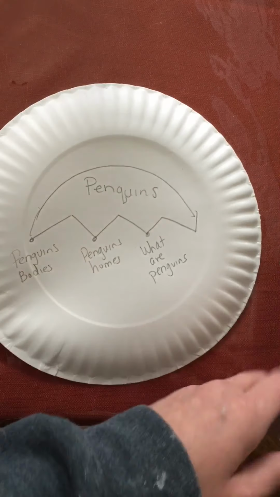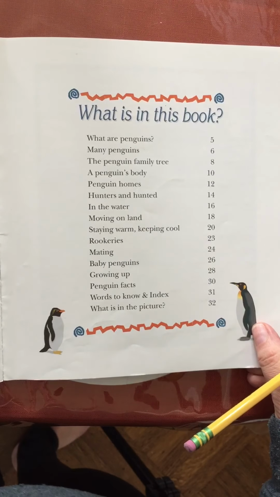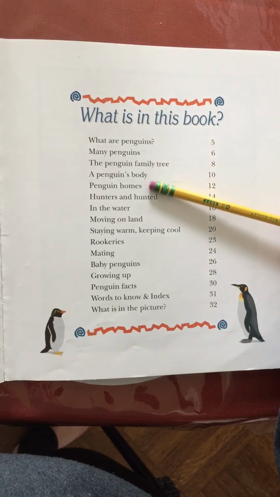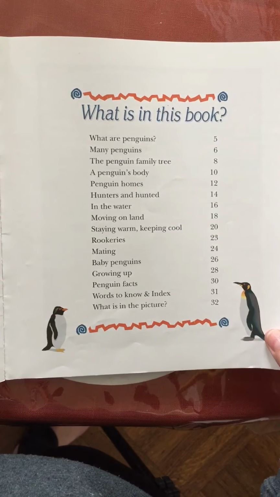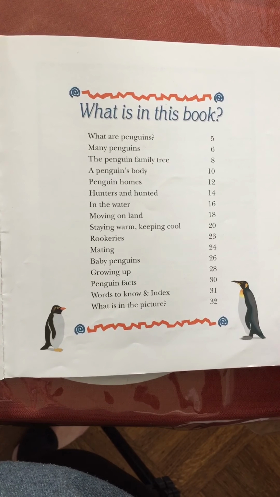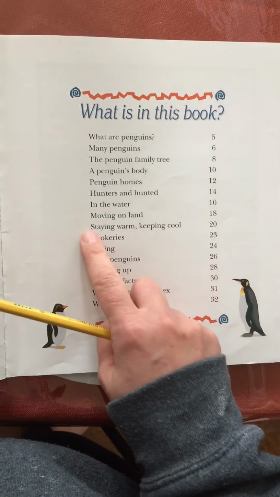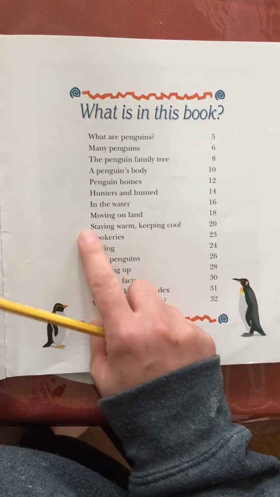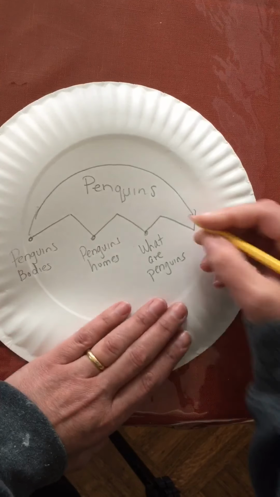And let's take a look. What's another subtopic you think we're going to be learning more about? So choose another subtopic that you think you're going to be learning more about. Did you choose maybe something like baby penguins, or hunters and hunted, maybe like what they eat and who eats them?